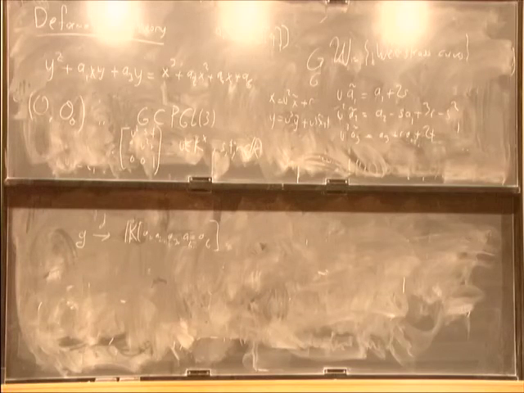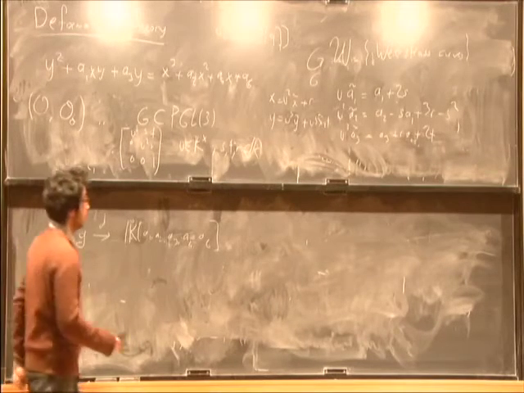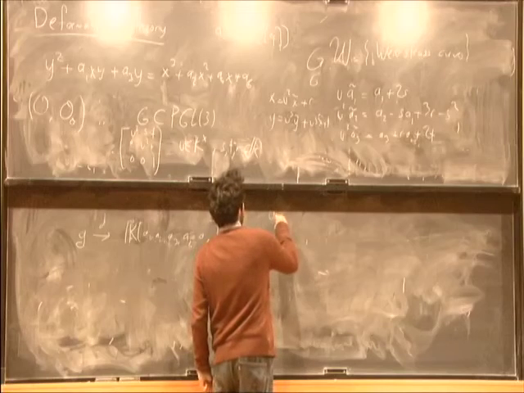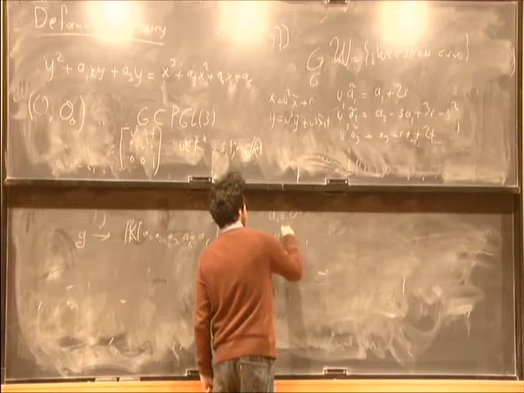So I have this at the origin. When I have all the AIs equal to 0, I get the cusp curve.